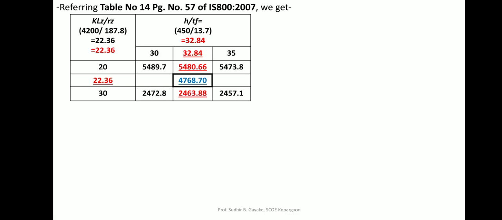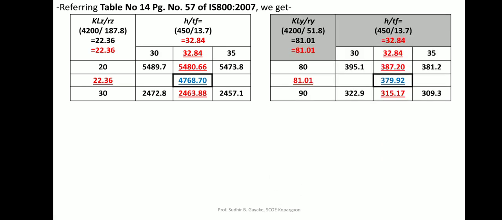Now this particular slenderness ratio purposefully I am calculating for both the axes, that is major axis and minor axis, that is lambda for Z side and lambda for Y side. So that will be KL Z by RZ and H by TF value, and second will be KL Y divided by RY and again H by TF. So here double interpolation is to be done. For H by TF ratio 32.84, that will be common for both the sides, and KL by RZ value.